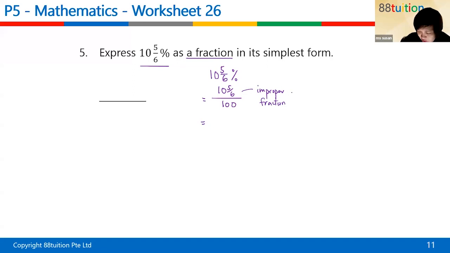So improper fraction means 10 5 over 6 will give you 65 over 6. Then you divide by 100. So 65 over 6 times 1 over 100. So from here, you can either reduce them to the simplest form, all right?